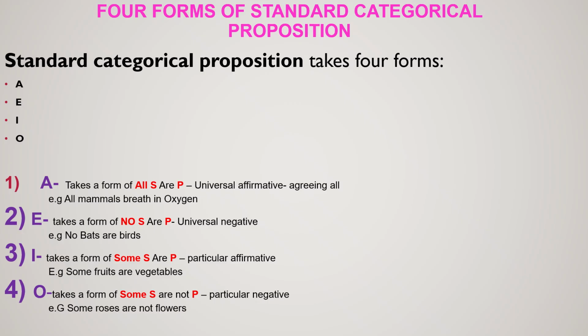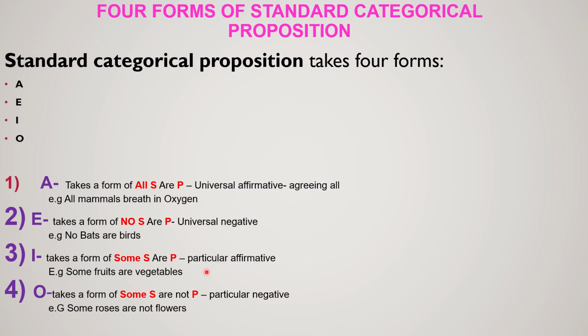Thirdly, we have I, which takes the form of "Some S are P." This is a particular affirmative argument. Particular means a certain number. You are agreeing that a certain number of subjects are in the predicate, but not all of them.